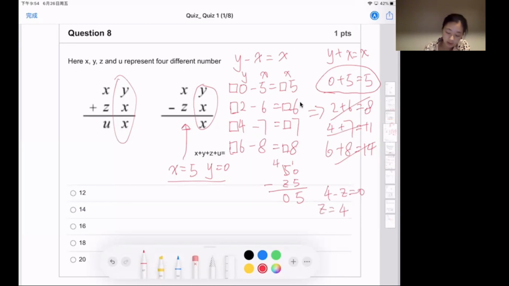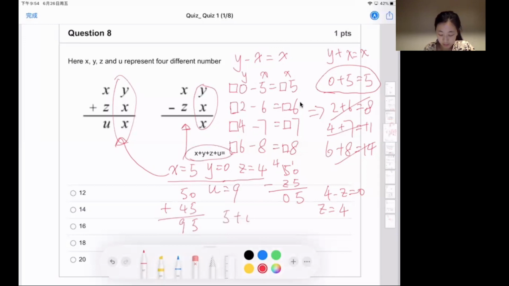And then we plug all the numbers into the first one to figure out what u is. 50 plus 45 equals 95. So u equals 9, and now we can do x plus y plus z plus u equals 18.